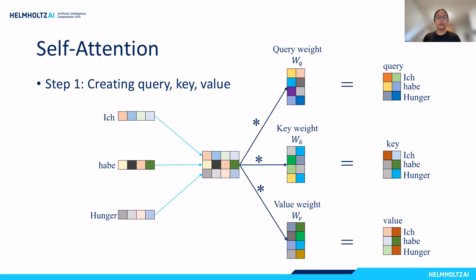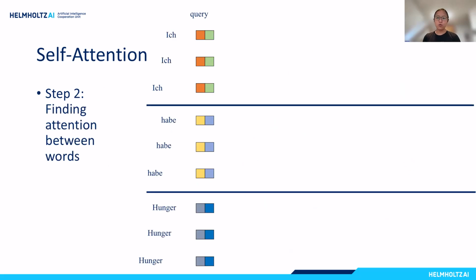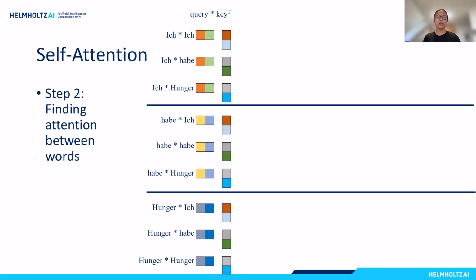After we calculate the key, query, and value of each of the words, now it's time for finding the attention between each word to all of the other words. First, each query is multiplied with the respective transposed key. This is the same as the dot product between query and key, which is the similarity between the two vectors.